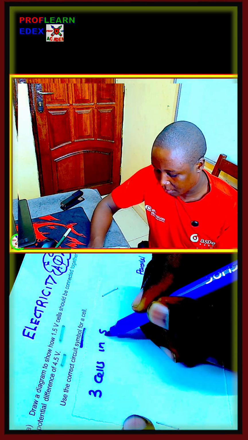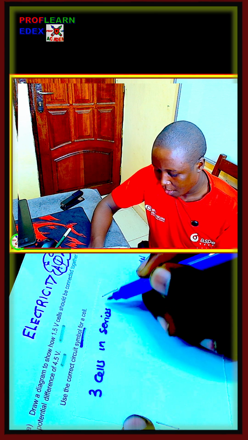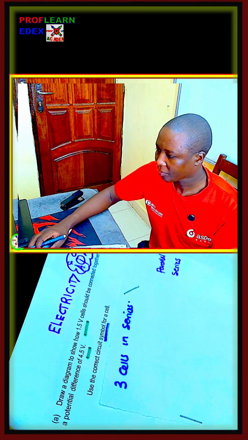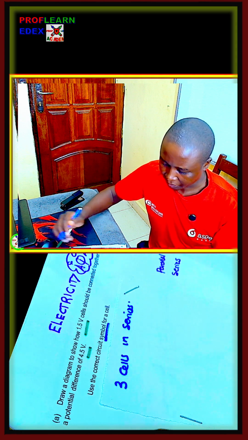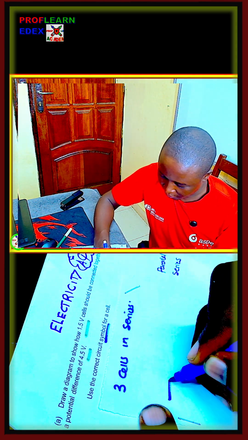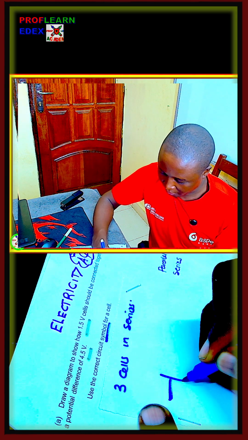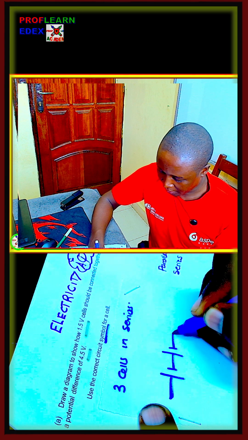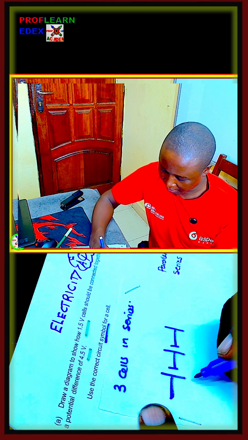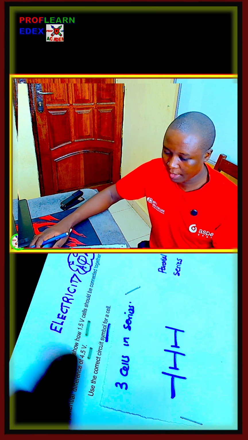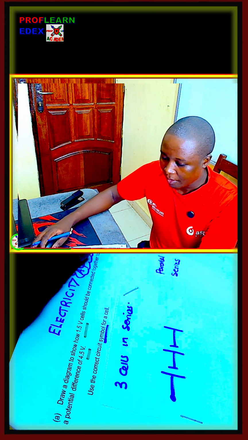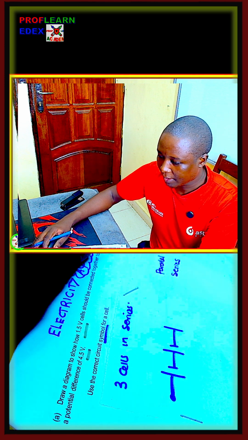in series. So this is all in the connection. If you have a cell connected like that, we shall have a cell connected like that, and another cell connected like that. So we end up having the 3 cells connected in that manner.